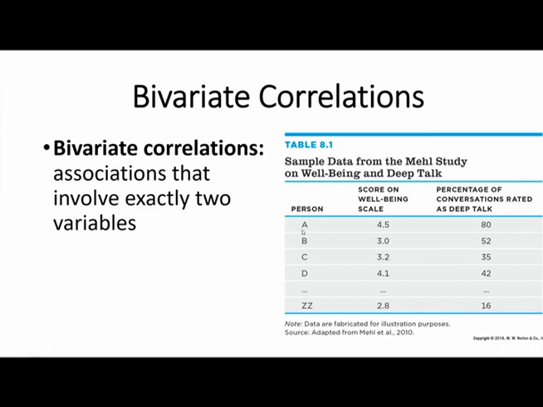This is just the raw data looking at person A, B, C, D, and so on, and what they scored for their well-being scale, as well as a percentage of conversations rated as deep talk.